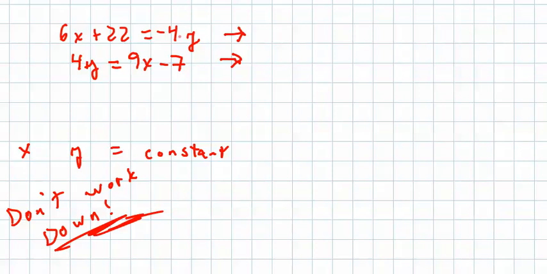If I want to move the 4y from this side to that side, I add 4y to both sides. So I have 6x plus 4y equals, and if I want to move the 22 to that side, I subtract 22.